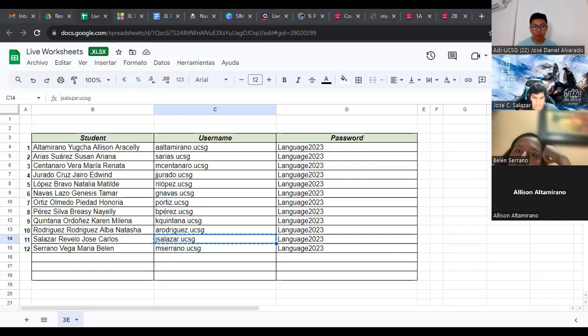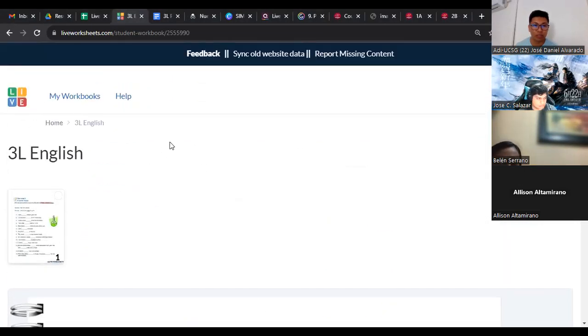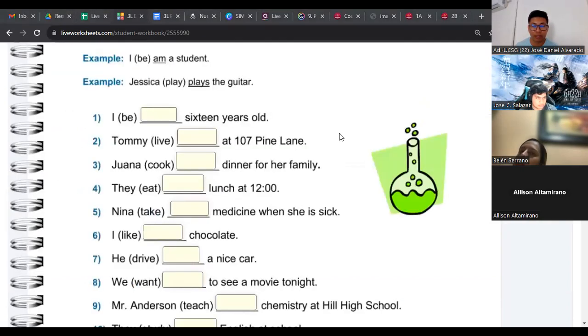Is this one. And for Natasha, it is this one. Okay, I have sent you the username through a direct message. So with that username and with the password that I sent, you are going to log in to Live Worksheets. And we are going to be doing this first activity.